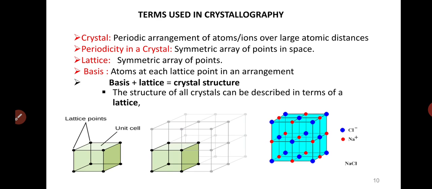Now we can add the atoms at each lattice point in an arrangement that is called a basis, which can be one atom or a group of atoms having the same spatial arrangement, to get a crystal.